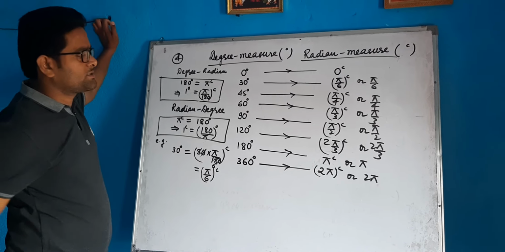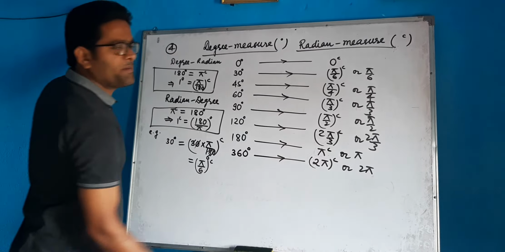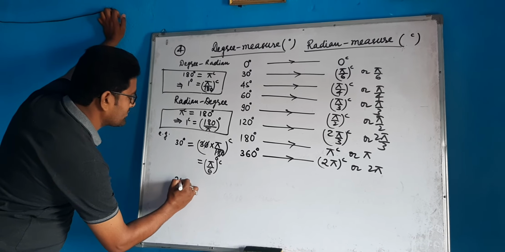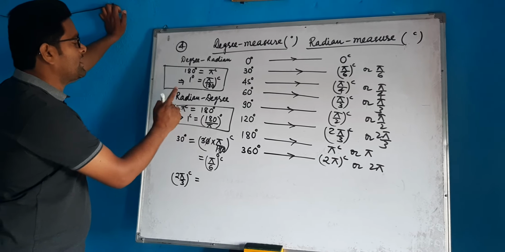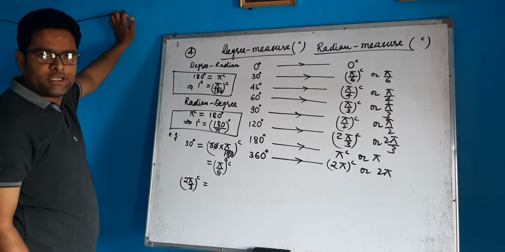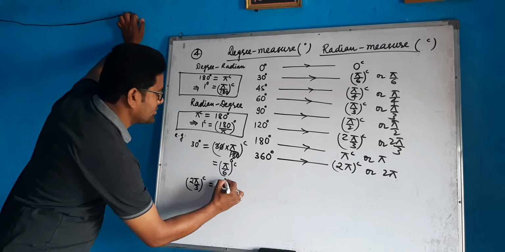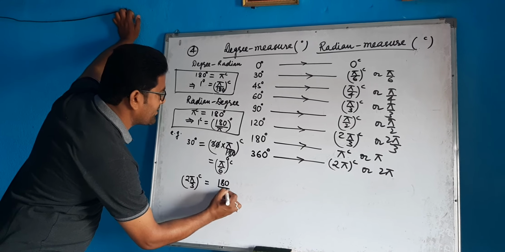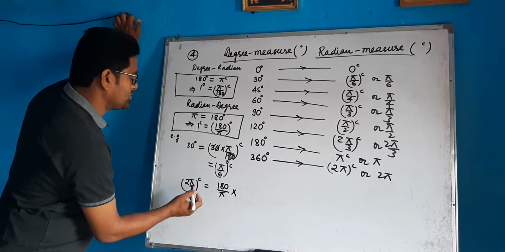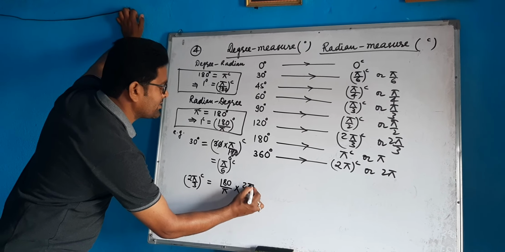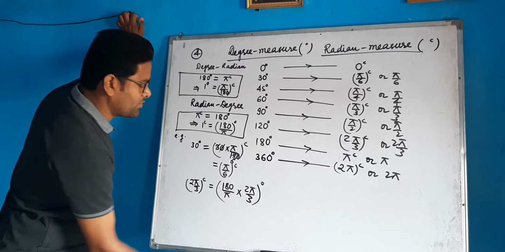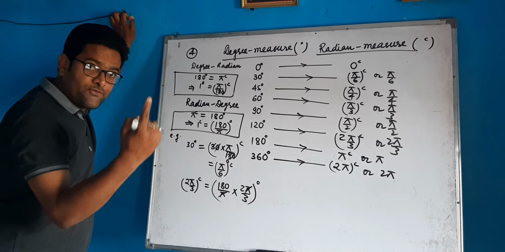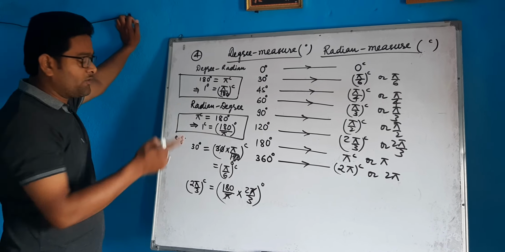Let us see the reverse. I have 2 pi by 3 radians. Now see, 1 radian is equal to 180 by pi degrees. How will you convert it? It will be 180 by pi into 2 pi by 3. Now let us find it in degrees. Pi gets cancelled. Somewhere pi will not get cancelled.